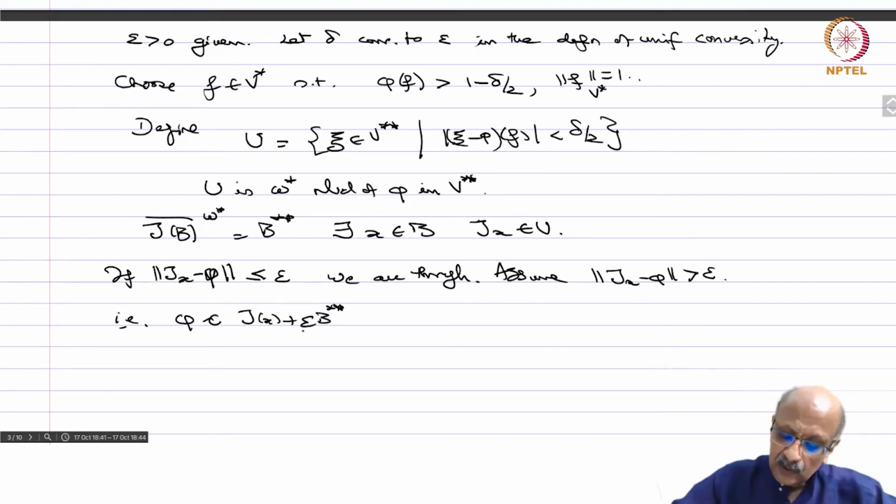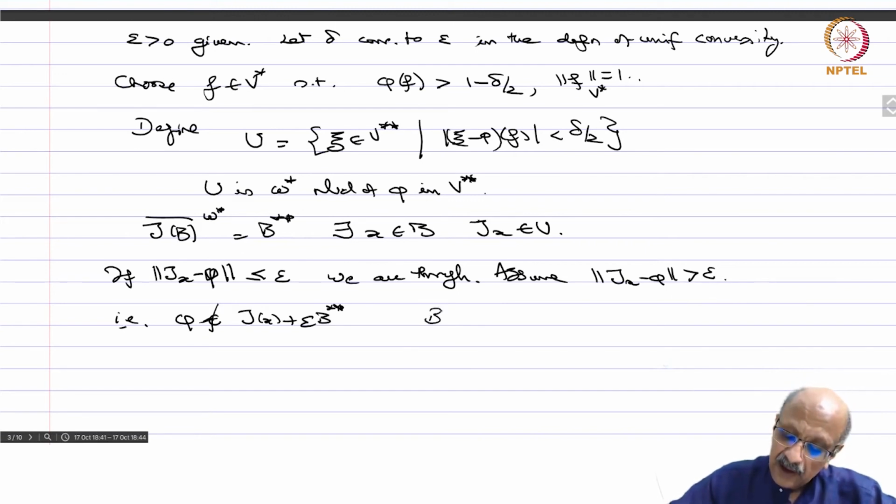B double star is the unit ball, epsilon B double star is the closed set of all vectors whose norm is less than or equal to epsilon. You are translating this ball by Jx. Phi does not belong to this means the norm of phi minus Jx must be strictly bigger than epsilon, and that is the condition which we have put in here.